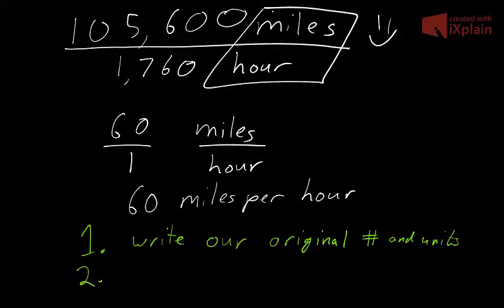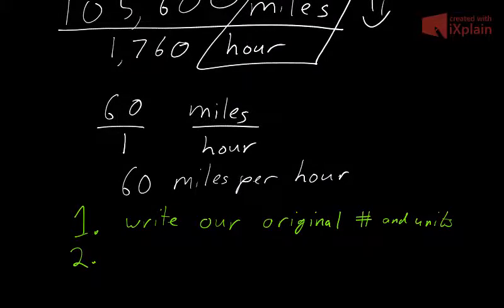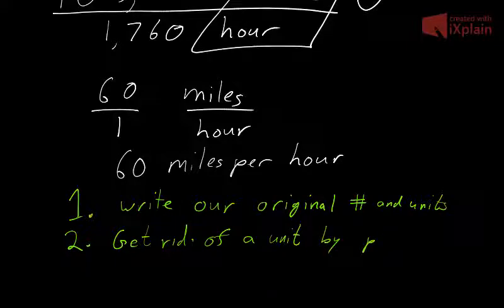Step number 2 for us was that we wanted to get rid of yards here, so we put yards on the opposite side of the fraction. So we're going to get rid of a unit by putting it on the other side of the fraction.